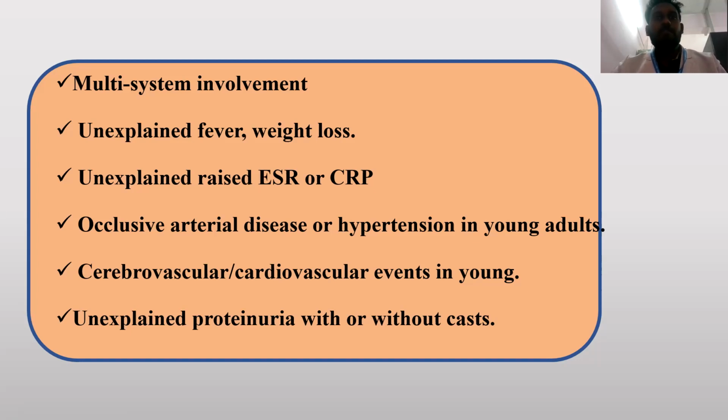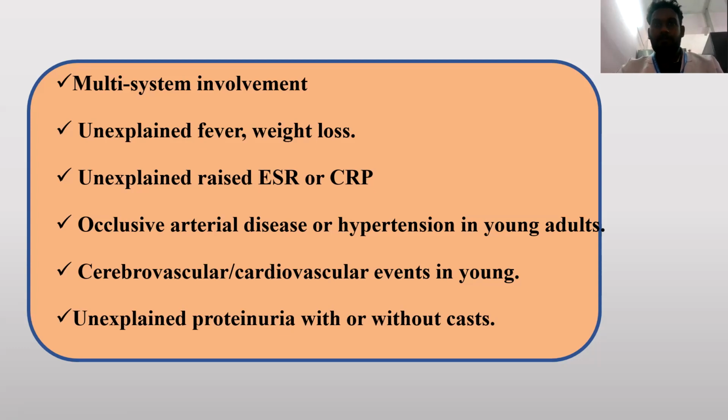Also, cardiovascular events such as myocardial infarction or gangrene, or cerebrovascular involvement such as transient ischemic attacks or strokes in the young, point to something wrong with the vascular system. And any unexplained proteinuria with or without casts also should point to vasculitis.